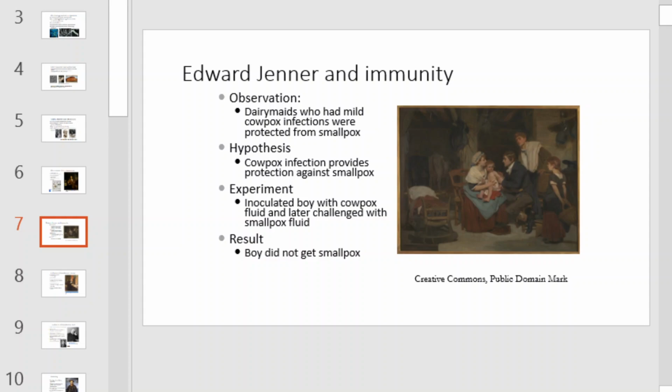He hypothesized that a cowpox infection might then provide protection against smallpox. So, in an experiment, he inoculated a boy with cowpox fluid, then later challenged that inoculation with smallpox. Fortunately for Edward Jenner, since the child was his own, the child did not get smallpox and survived unscathed.